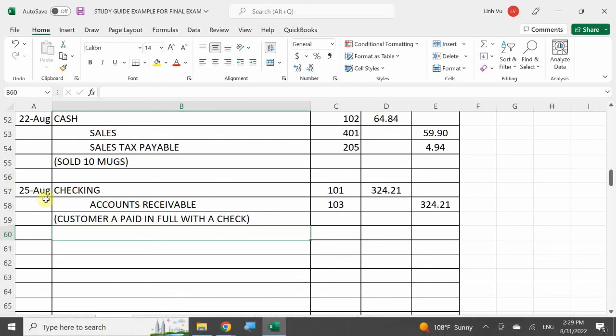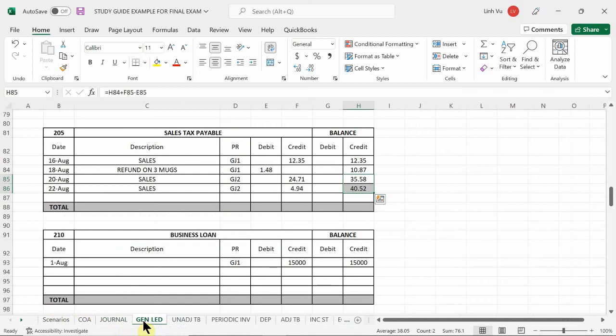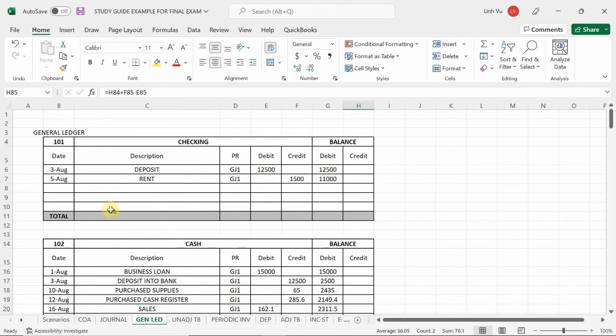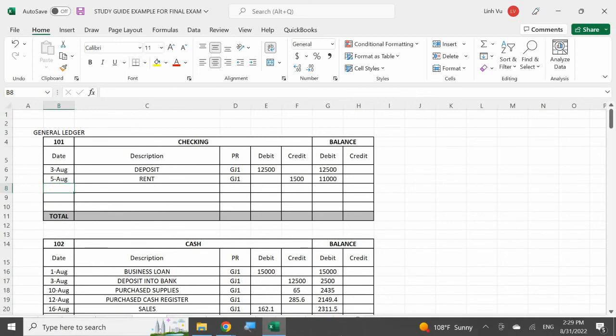I'm going to update my ledgers here that I received a check. So checking, 8/25, deposit check for 324.21.